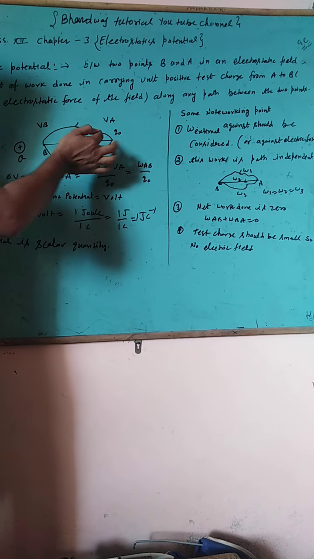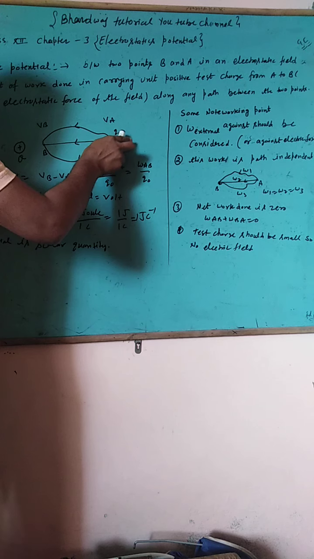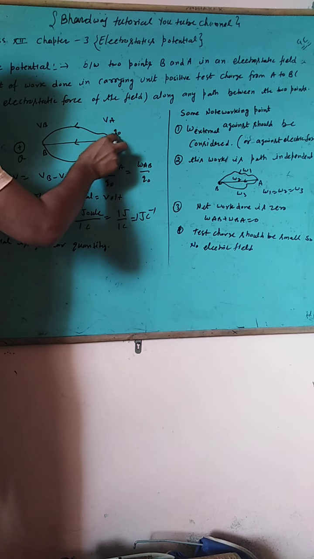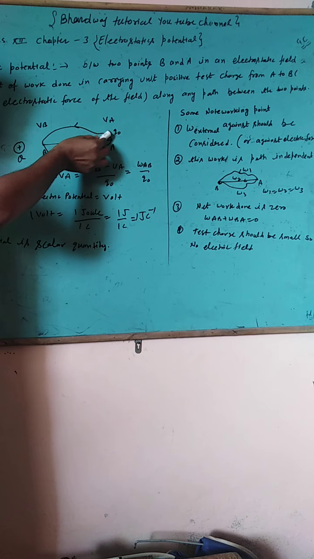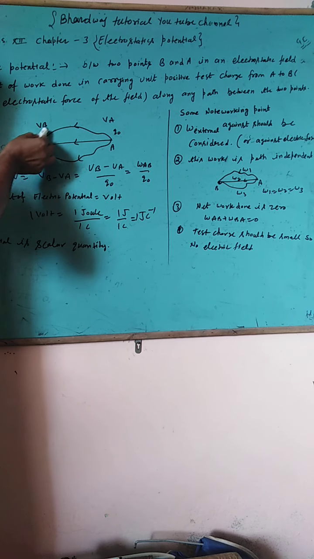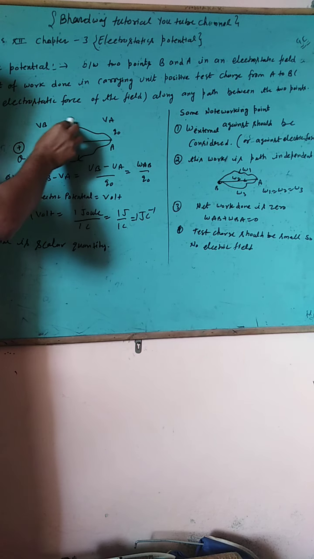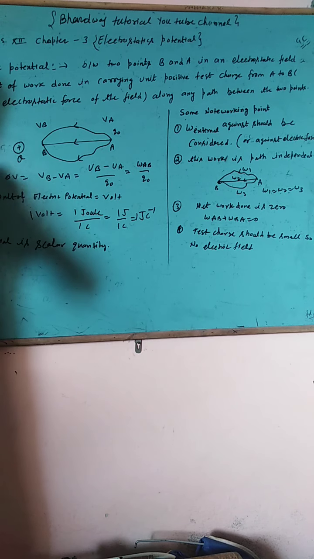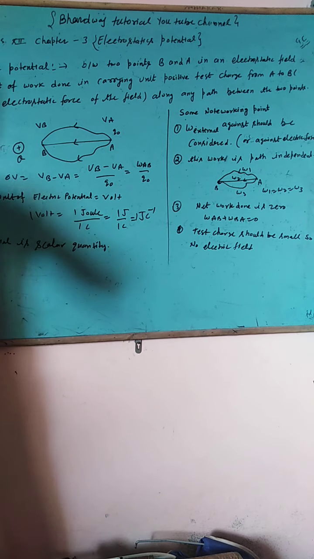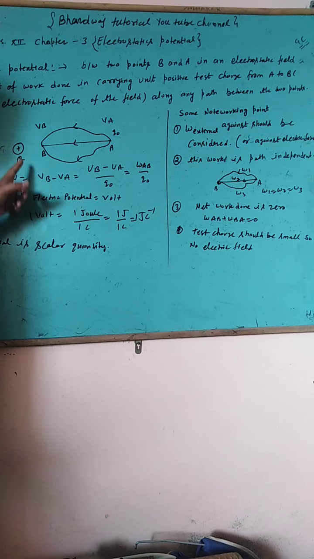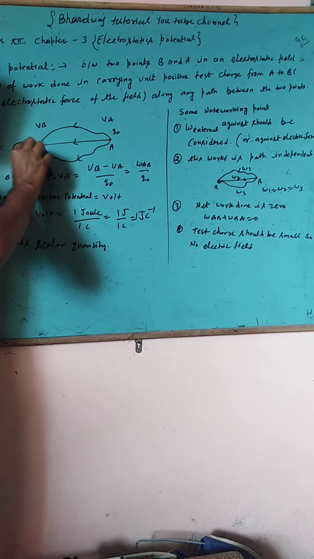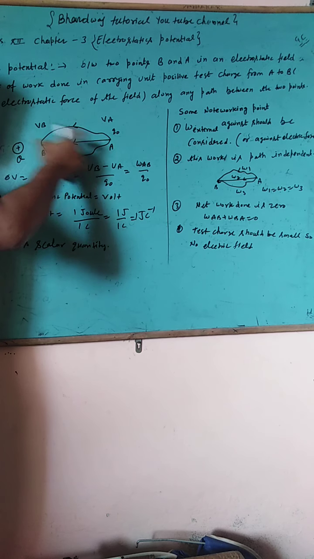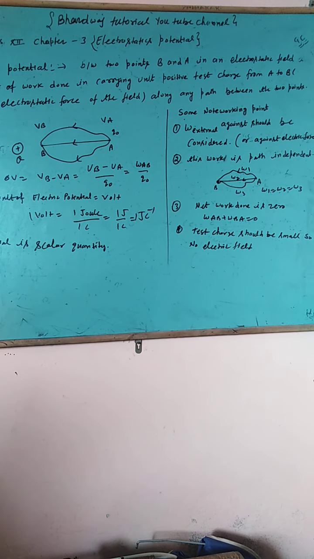The amount of work done in carrying a unit positive test charge from A to B, in any order, against the electrostatic force of the field along any path between the 2 points, is called electrostatic potential.